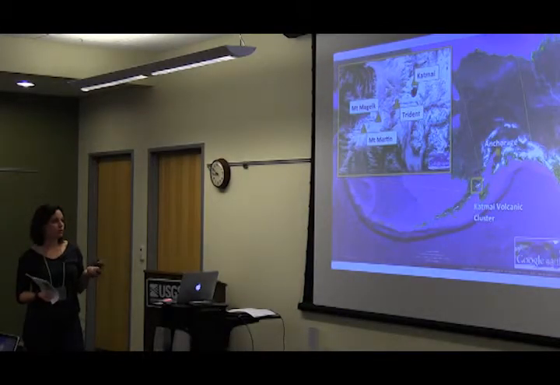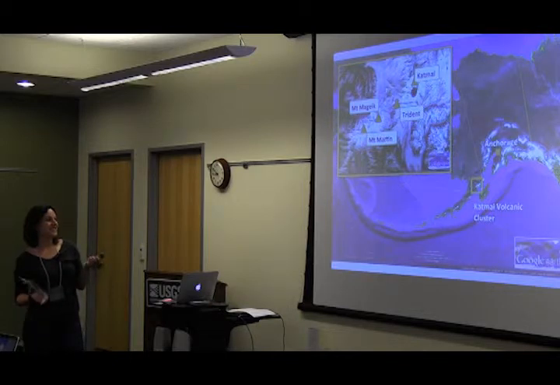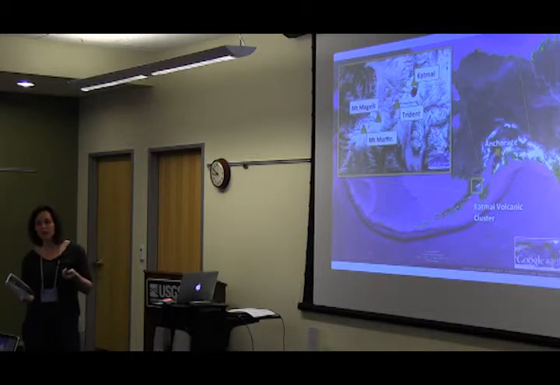So she conducted a 2-week campaign in the Katmai volcanic cluster, which is 300-something miles southwest of Anchorage. Here is a closer view of the Katmai volcanic cluster. She works on 3 volcanoes, the Trident, the Mount Martin, and the Mageik. So just to give you an idea, this is the Katmai, this is the Novarupta that erupted in 1912, and the Valley of 10,000 Smokes.